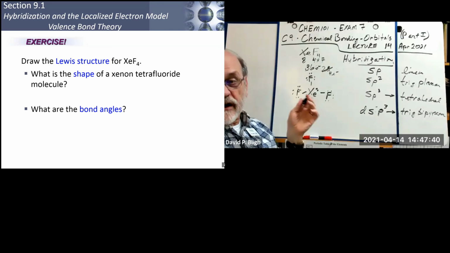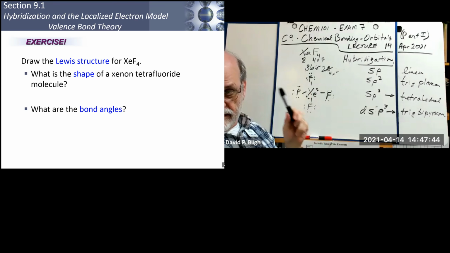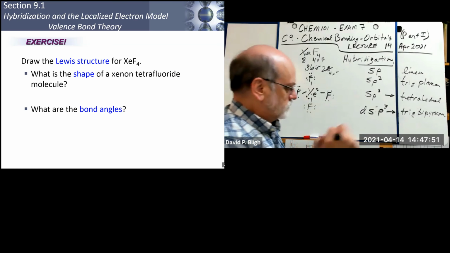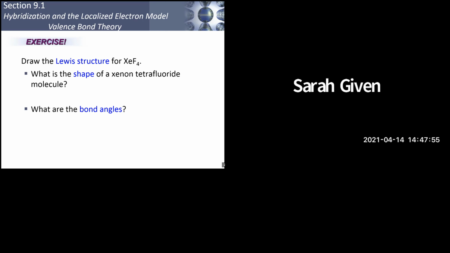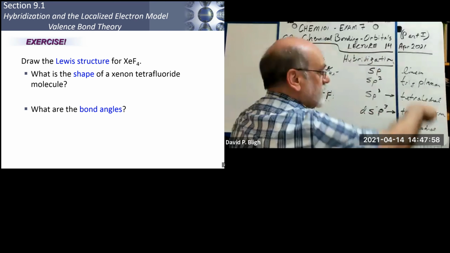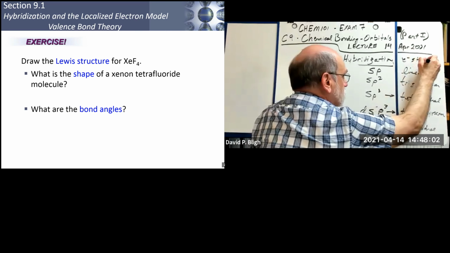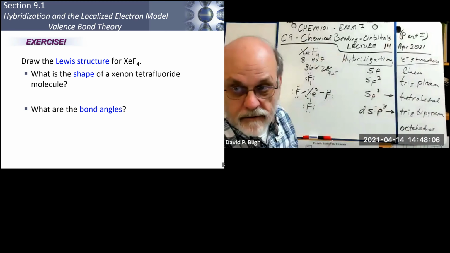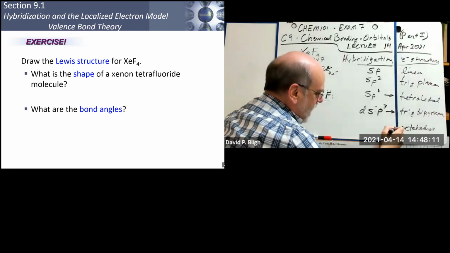So what kind of electronic structure do we have? We got 1, 2, 3, 4, 5, 6 groups around the central atom, which means octahedral. So what would yield that?